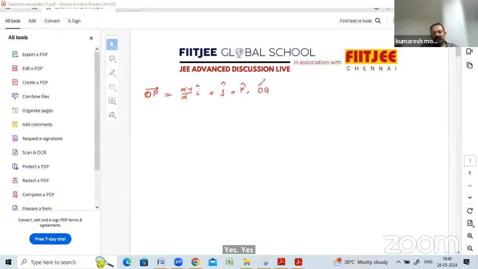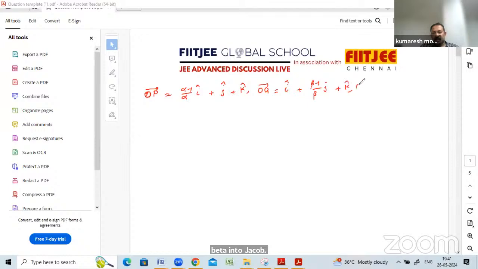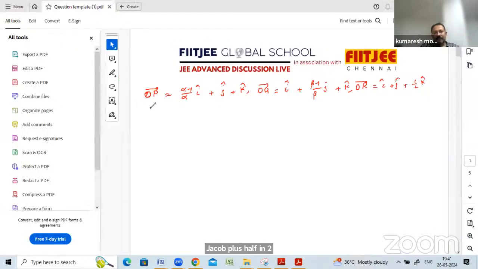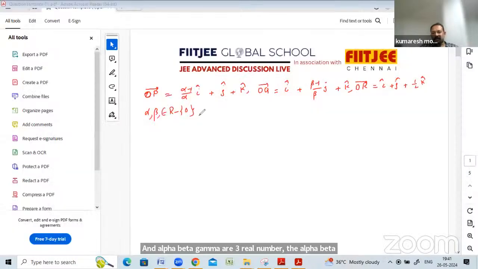OQ is another vector given by I cap plus beta minus 1 by beta into J cap plus K cap. And OR is another vector given by I cap plus J cap plus half into K cap. Alpha and beta are real numbers, non-zero, meaning alpha cannot be 0 and beta also cannot be 0.